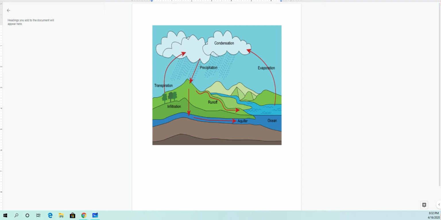So we started in the ocean, we went to the cloud, we came down, we were on the mountain, we ran off the mountain and back into the ocean. Maybe there's a river there from the mountain, and the water on the mountain goes into the river and then runs down to the ocean. But for this specific instance, we are only worrying about the water going off the mountain.